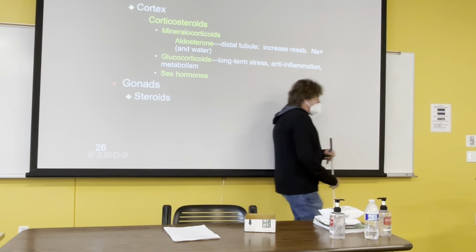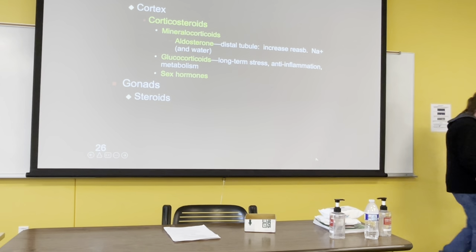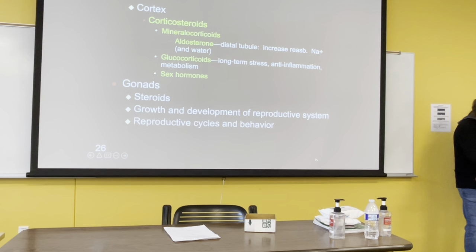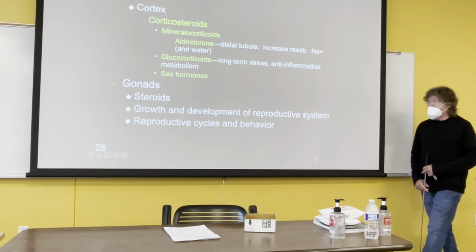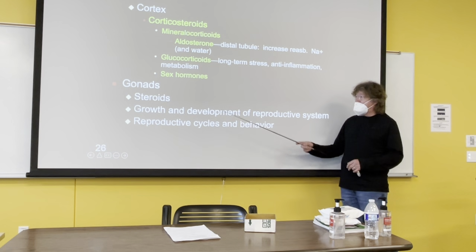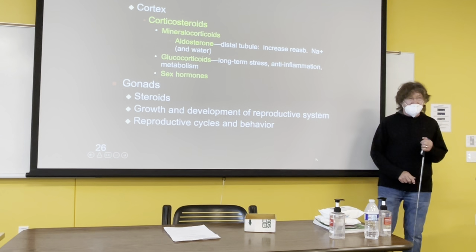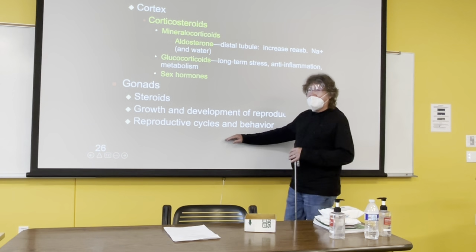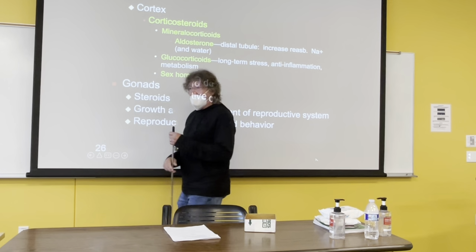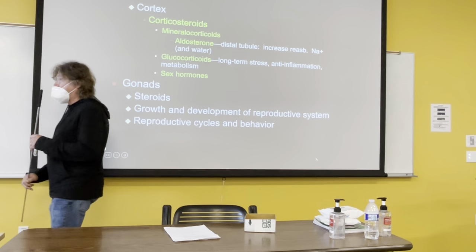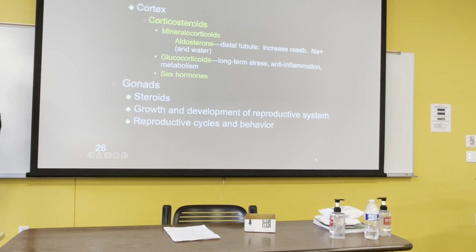Okay? So those are all of the hormone systems, I believe. These particular hormones in the gonads influence the growth and development of the reproductive system and also its continuous operation. What we'll find is that both estrogens and androgens are produced in both males and females. They produce them in different quantities, however.